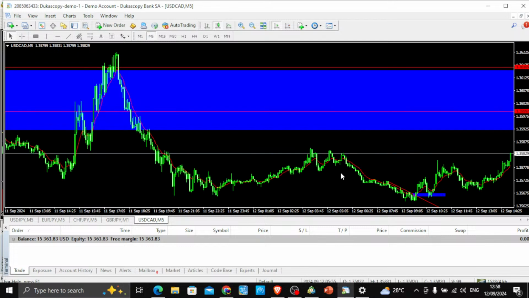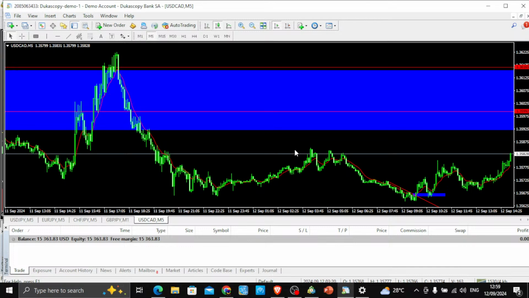But 5 minutes has not even, yes, this high has not been mitigated or breached or overtaken or taken out. Okay. So between 1:15 and 1:30, especially from 1:30, we shall now know what happens.